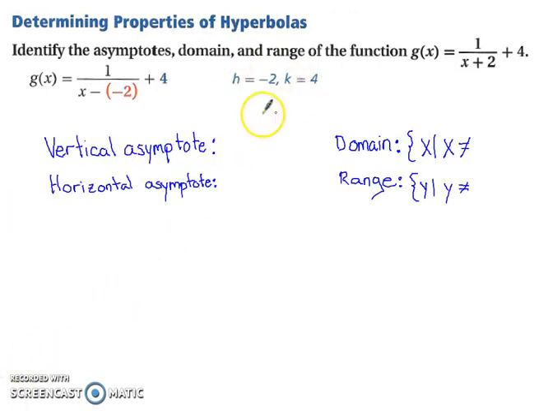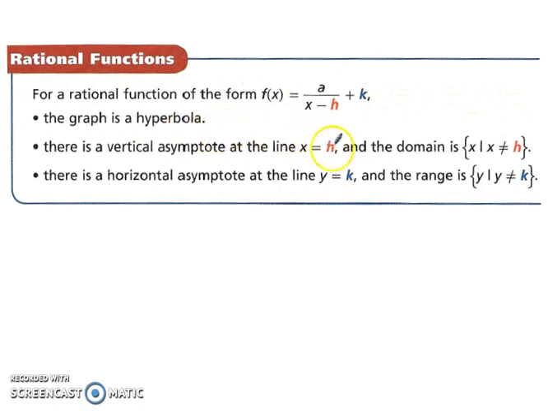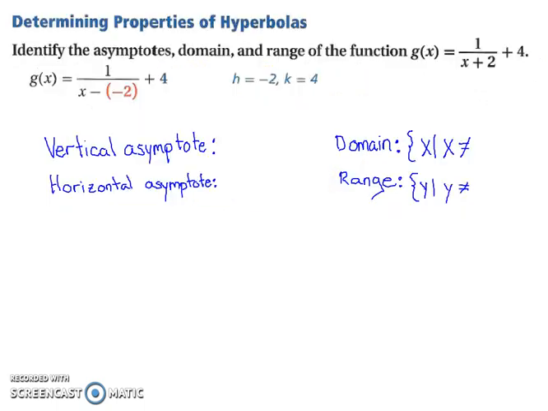So now that we've broken down our information, we can look at our vertical asymptote, horizontal asymptote, domain, and range. If we recall, your vertical asymptote deals with h.